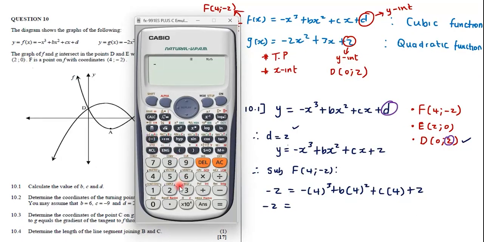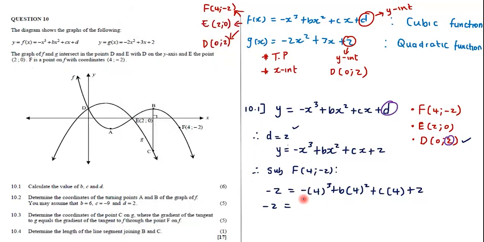I have -4 cubed, and I also have that 2 there, so plus 2 because those are standing alone. This is going to be -62, when I combine the plus 2 and the -4 cubed. And here I have 4 squared, which is 16, so 16b, and then I have 4c.